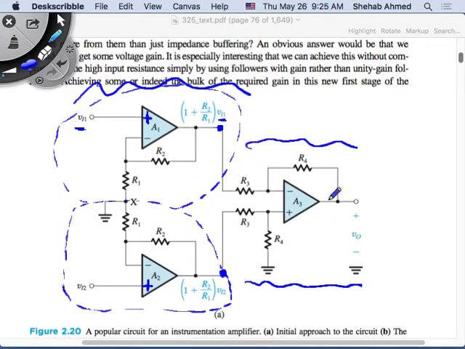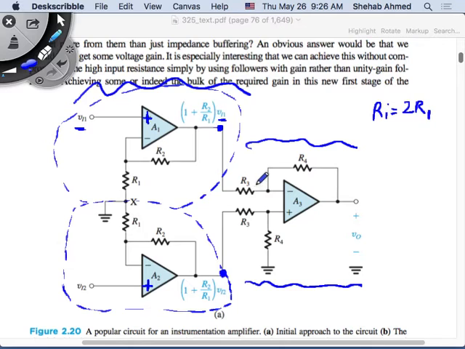With this configuration, and with the previous configuration, I had the problem that, for me to eliminate common mode, I had to have perfect matching, which is very tough. But this problem still persists here. With the previous configuration, I had low input impedance if I wanted high gain for the difference amplifier. I only had the difference amplifier, and it had a gain of R2 over R1, and my R input was 2R1.